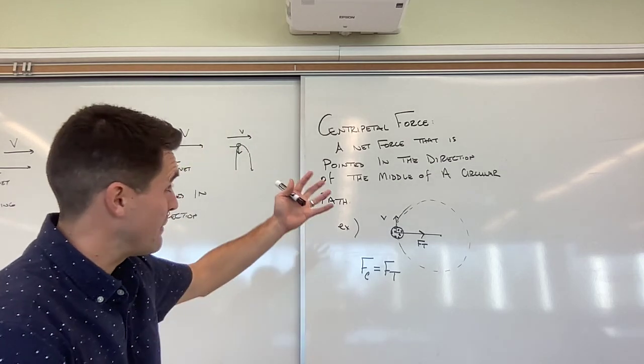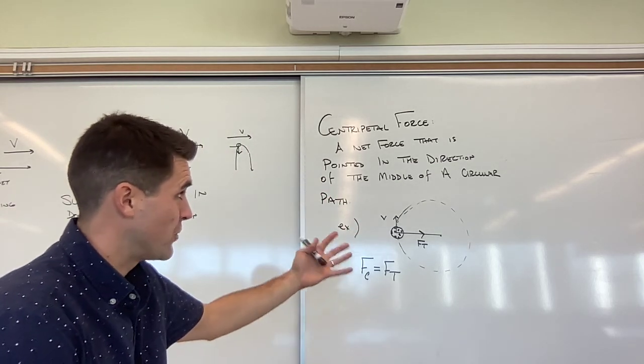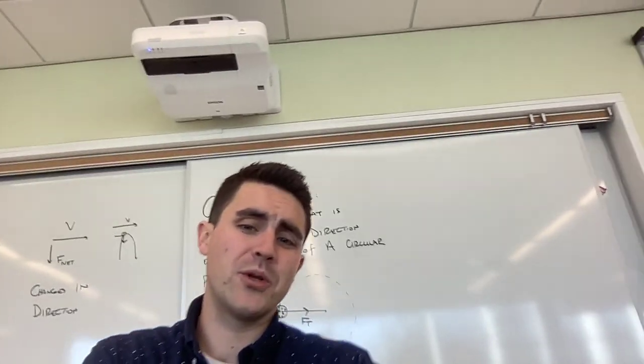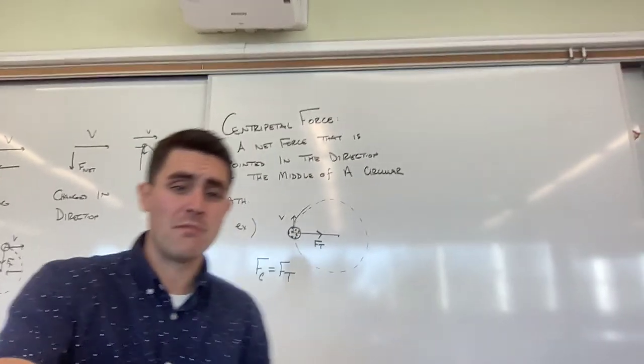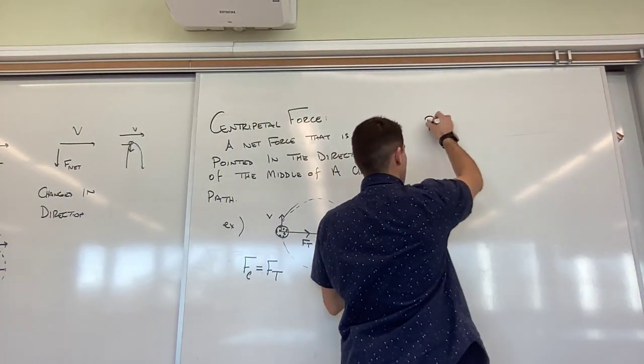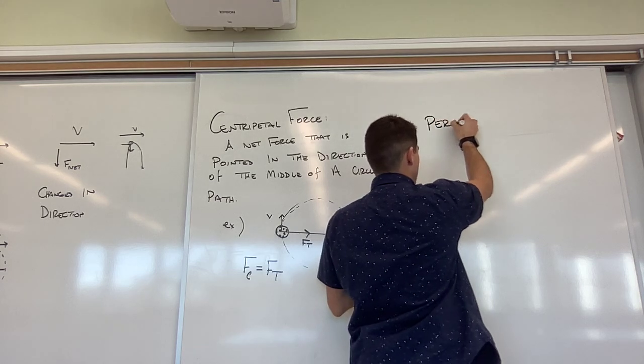And because we're talking about centripetal forces in circular paths, we're going to have to break down some other definitions. There are some words that pop up early in this unit that we have to refresh our memories on. There's a couple words like period. Period is a word that shows up pretty regularly.